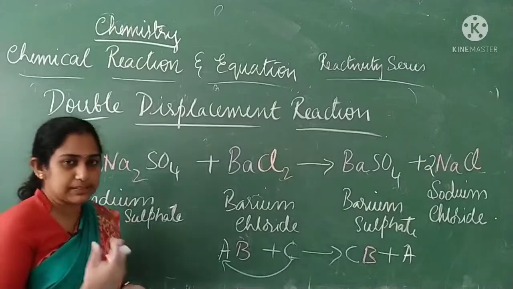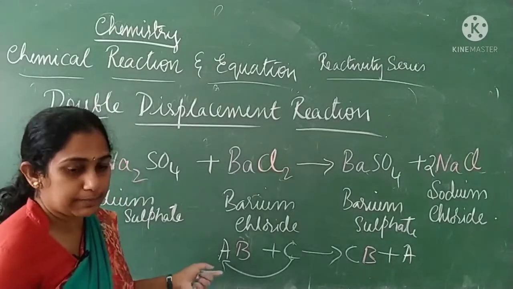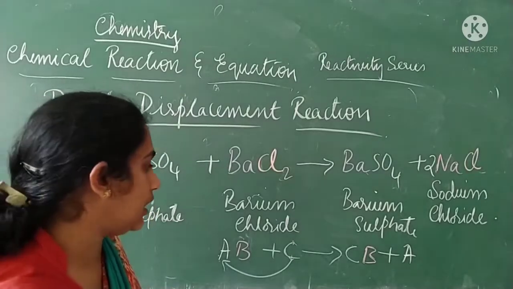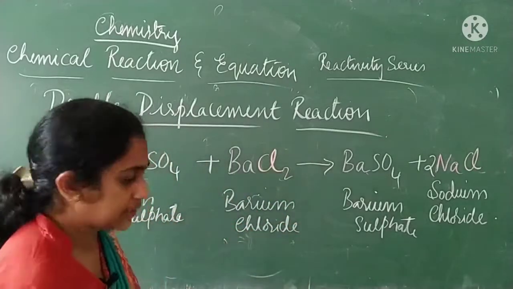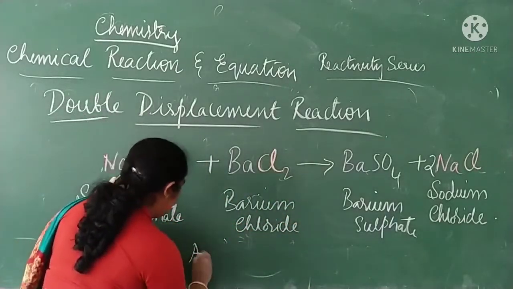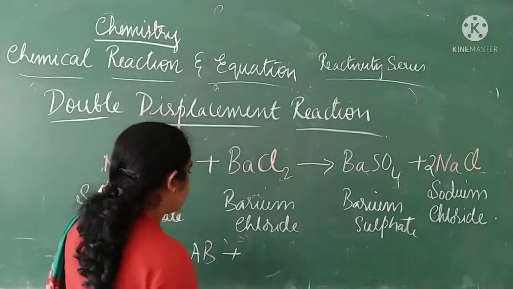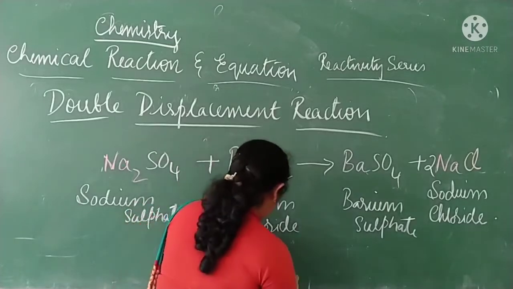But in a double displacement reaction, you can see a mutual interchange of the elements. Two elements interchange their places in the compound. We can consider AB reacting with CD. What will be the product we are going to get?